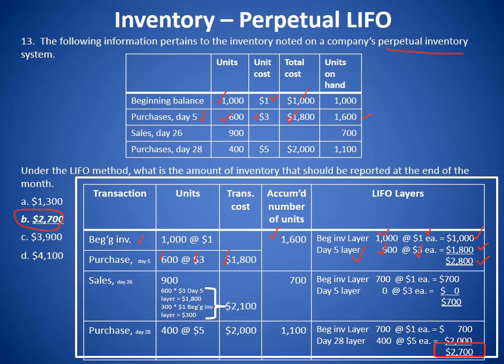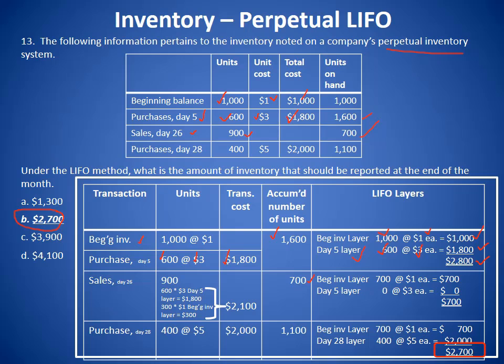Now I get to my next transaction, which is sales of 900 units. Of course, if I sell 900 units, given that I have 1,600 units on hand, I'd have 700 units left over. Now let's see how I go about valuing those units. Since I'm doing LIFO, my last costs in, in other words my most recent costs that came in, are the ones that go out first.